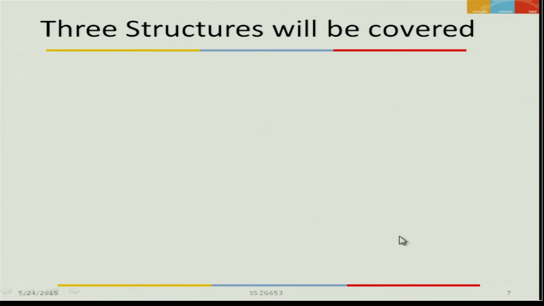In this particular course, we will learn 3 structures. Again, there are structures and views that I have talked about. Views are the ways you describe structures, the elements that help you in describing. So we are going to learn 3 different structures.